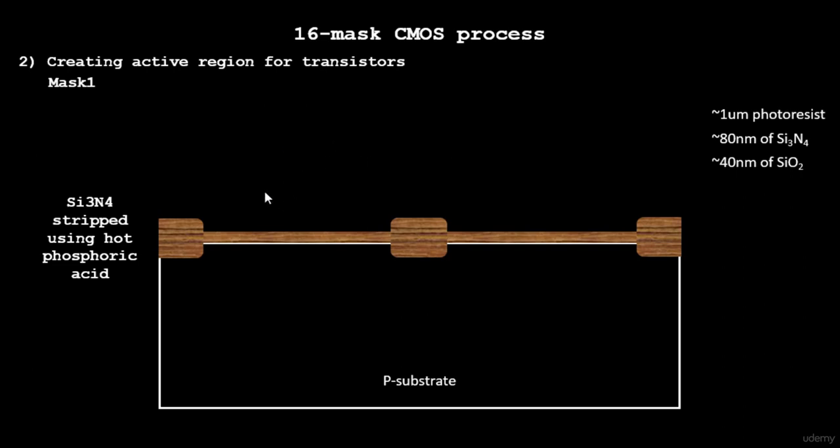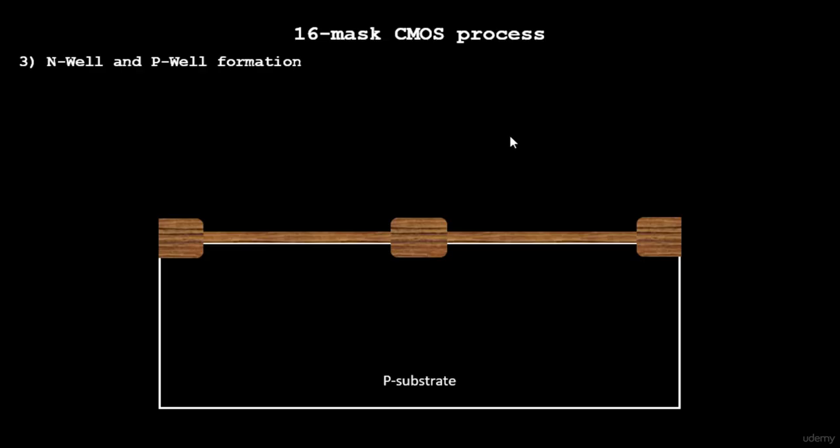Your mask one is nothing but, now we are talking about layout. When we talk about layouts, those are called masks in fabrication terms. So when we talk about polysilicon layout or any kind of layout that you see in your custom design, those are converted to masks, and this is the mask. It is the first mask that will be picked up from that particular area. So let's look into mask one.